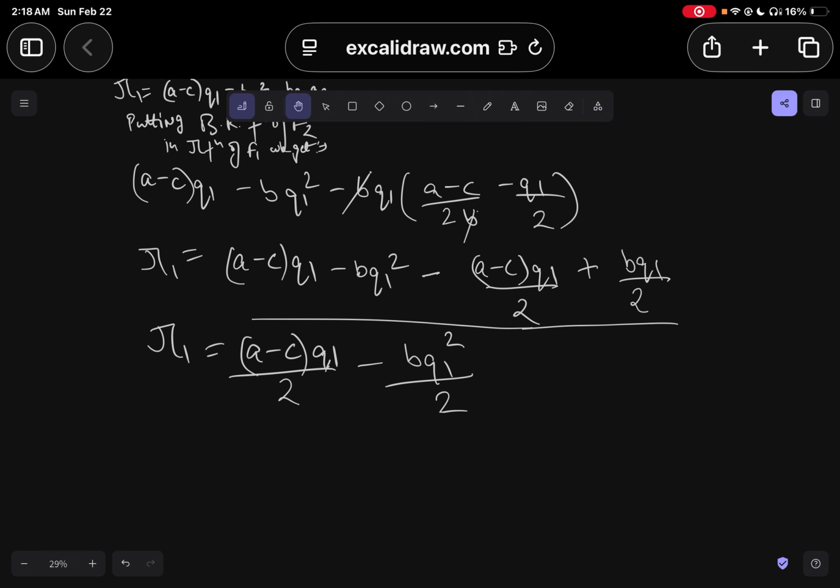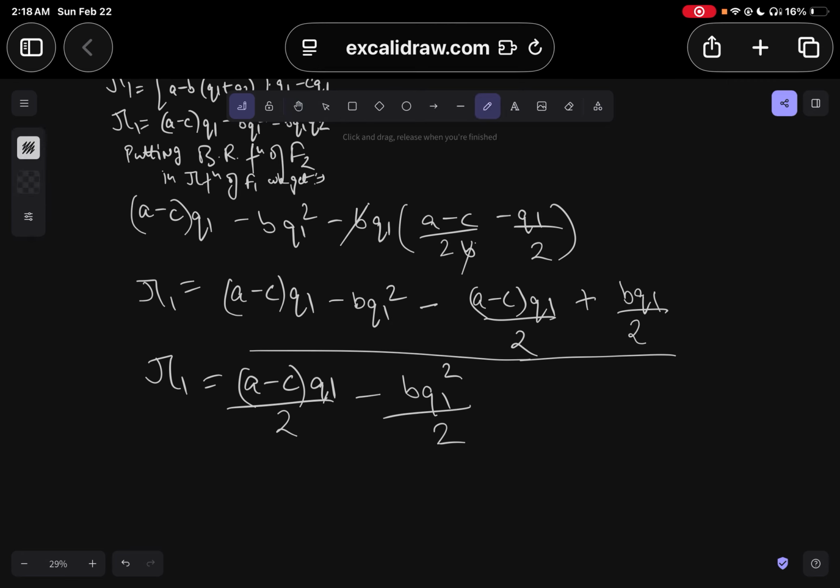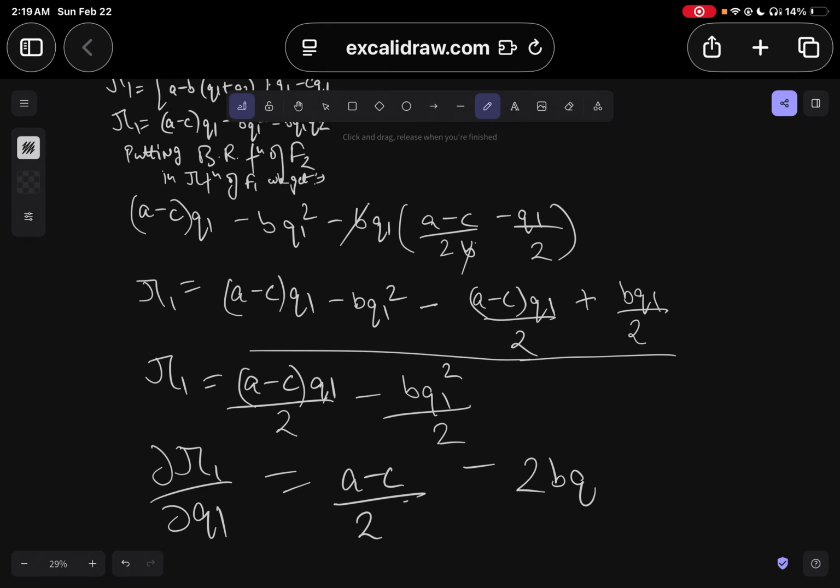Then we have del pi 1 by del Q1, right? To get the maximum output, which will be A minus C upon 2 minus 2BQ1 by 2.